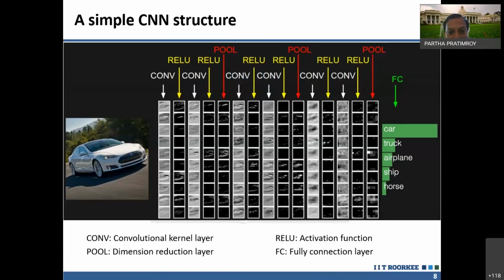If your application has vertical edges, then your filter will be designed as 1, 0, -1, 1, 0, -1, 1, 0, -1. These numbers could be 1, 0.5, 0.6, 0.7, 0.9, 1.3, any number.